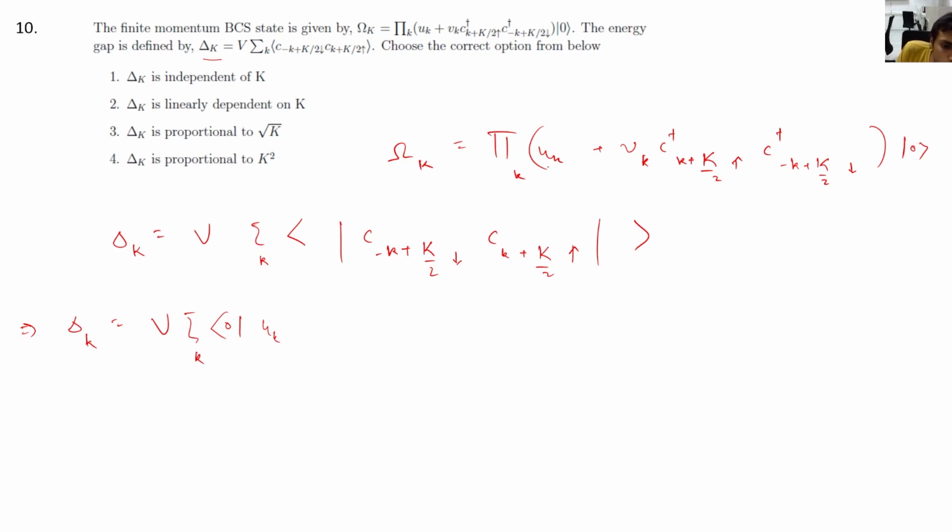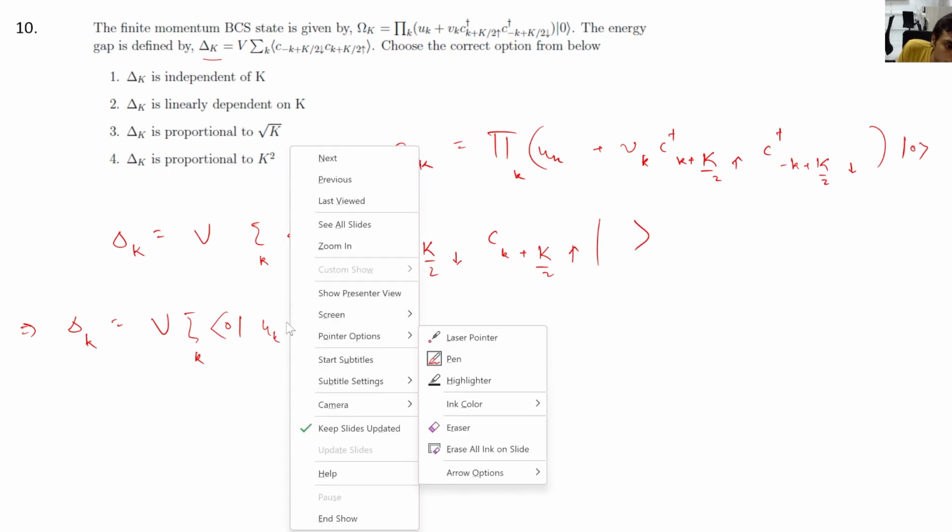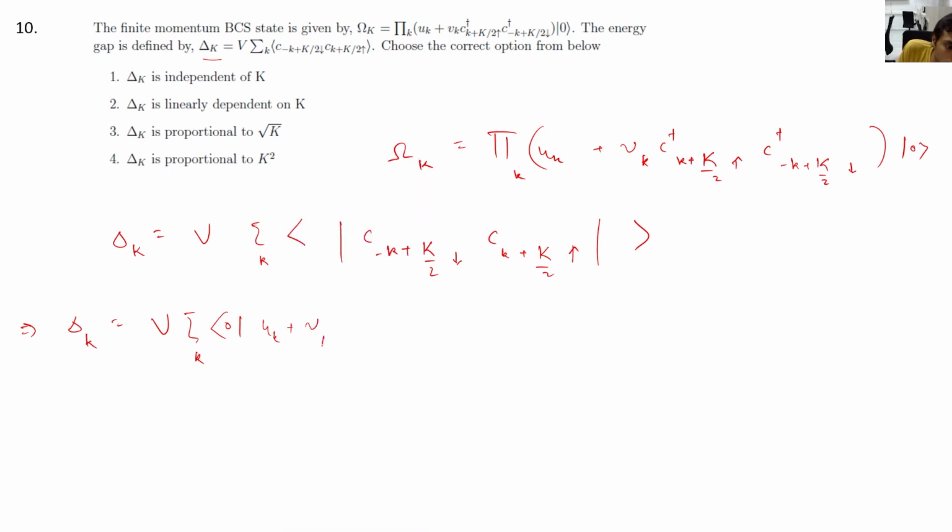Now, since we are taking the conjugate of this, this uk is a complex number. So it was dagger, so the dagger will be removed. We are taking the complex conjugate of that. And then write this quantity c minus k plus K by 2 down, k plus K by 2 up.